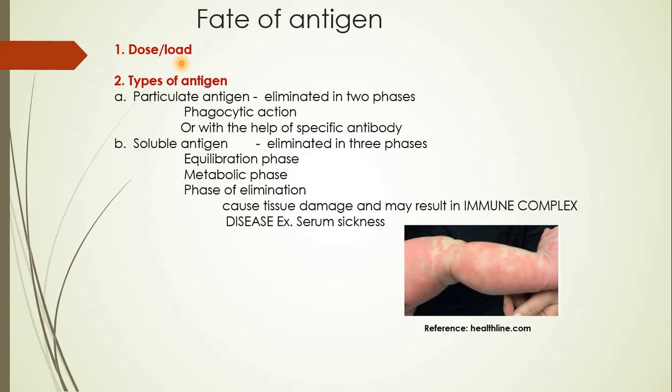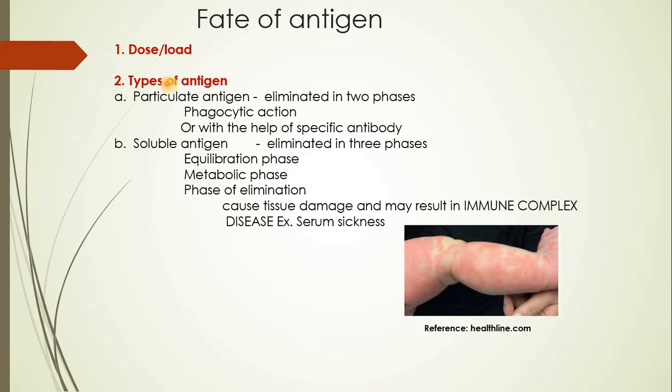Whereas when an appropriate quantity of antigen enters, if the immunocompetent cells are weak, obviously antibody synthesis will be lowered, and as a result there will be development of disease. Hence we can say that the viral load or the bacterial load is very essential in influencing development of disease.